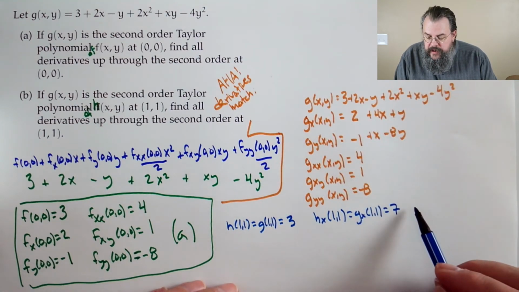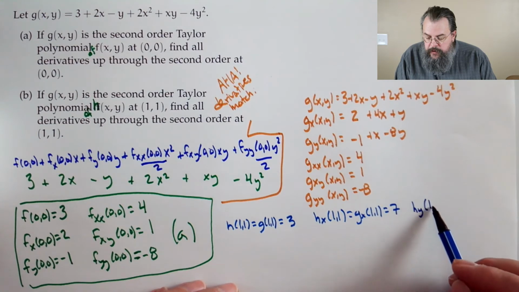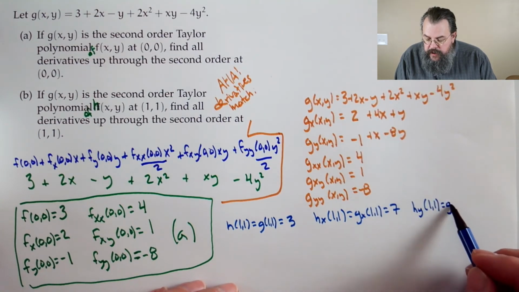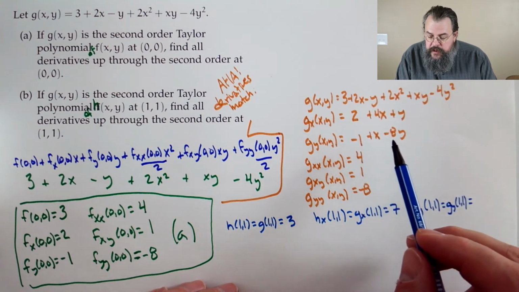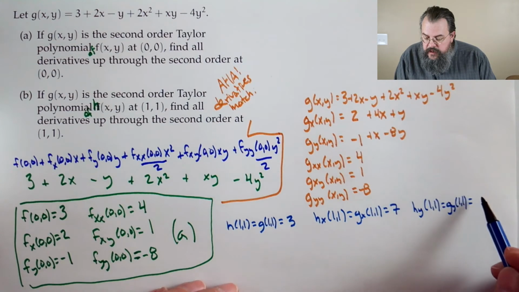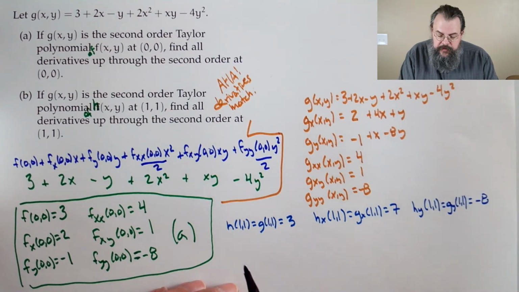Okay. h sub y at 1, 1 equals our g sub y at 1, 1. Well, minus 1 plus 1 minus 8, which is minus 8.